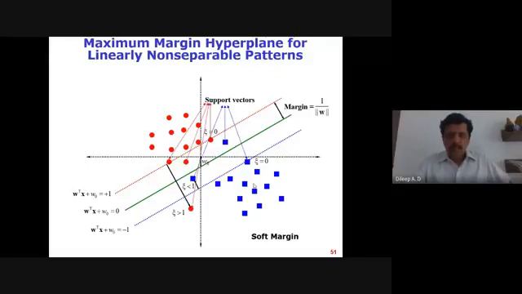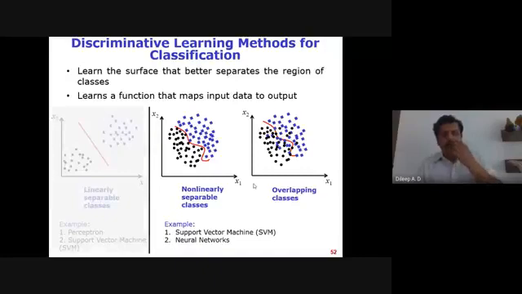So what we have seen so far is that we are trying to learn a linear surface that better separates the regions of the classes when the data is linearly separable or mostly linearly separable. But in reality, the data is very bad.